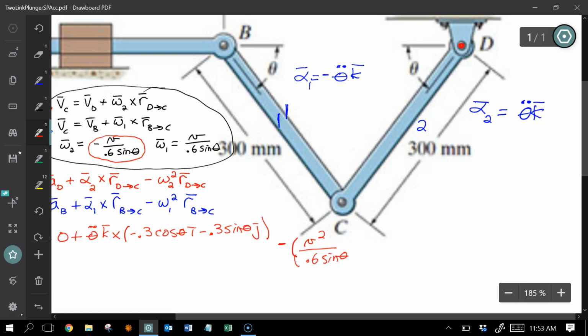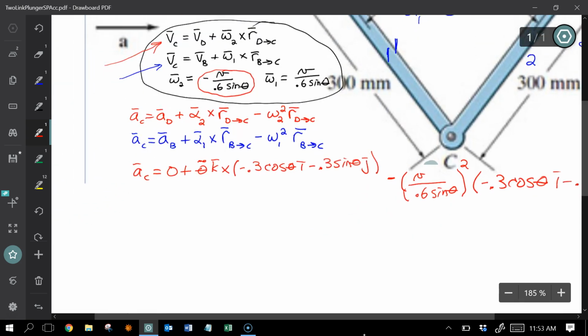I guess I ought to write it like this, all of that mess squared, times the r, and the r is going to be a negative 0.3 cosine theta i minus 0.3 sine theta j. Okay, now let's get the blue equation.